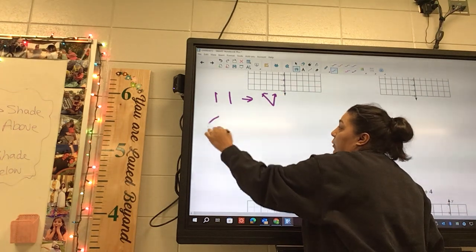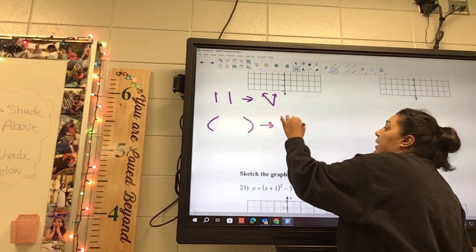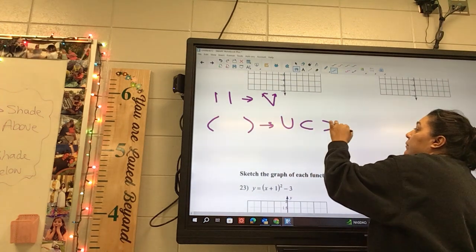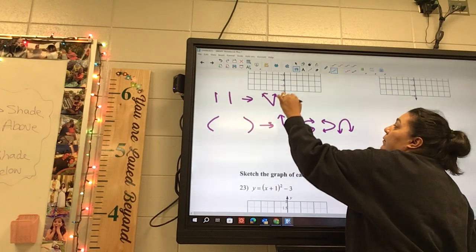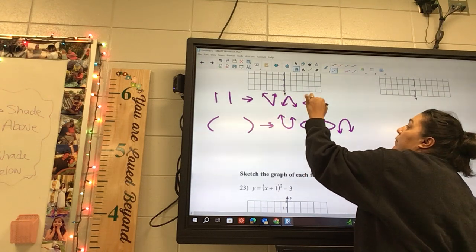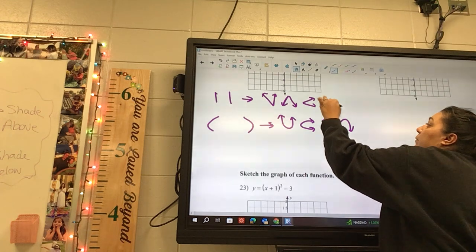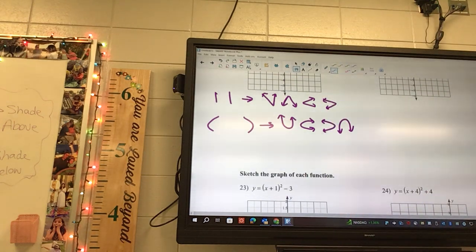Okay, if it's parentheses, it's going to be shaped like a U. Okay, so that's the first part. So 21, does that have bars or parentheses? Bars. It has bars, so it's going to be in a V shape. Okay, that's the first part. Okay, and then no matter whether you have bars or parentheses, okay, it goes like this.